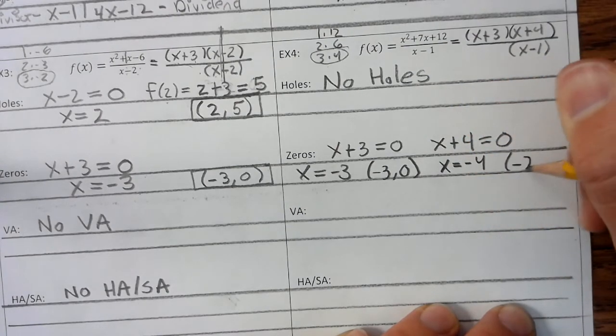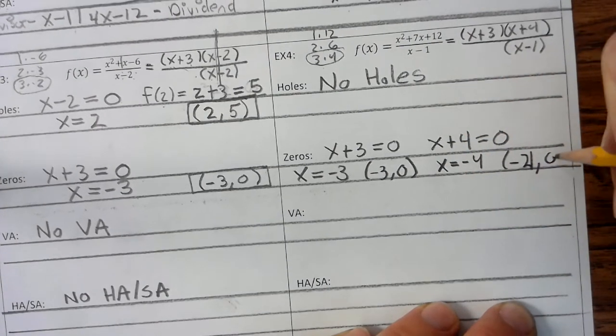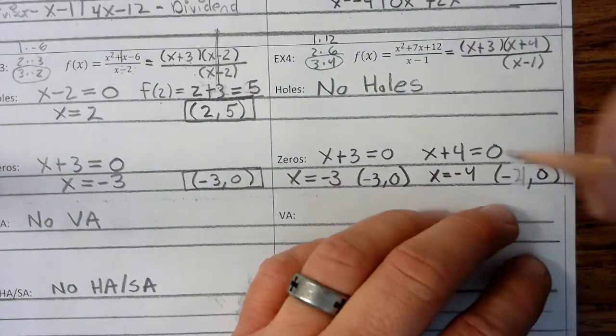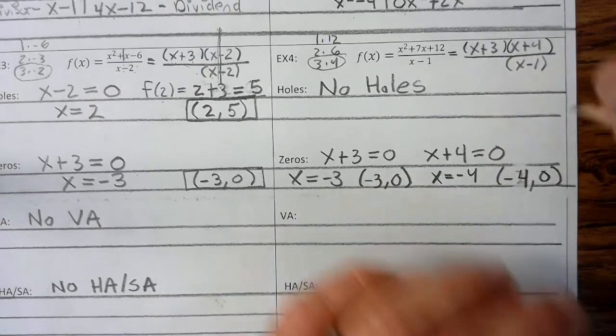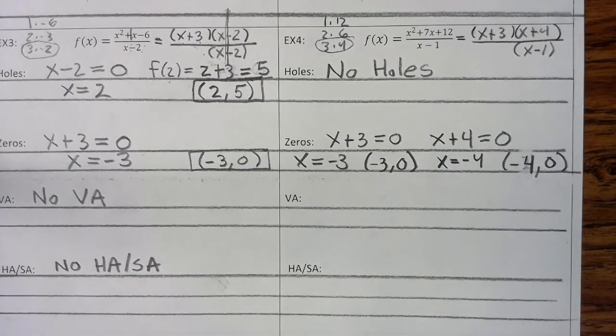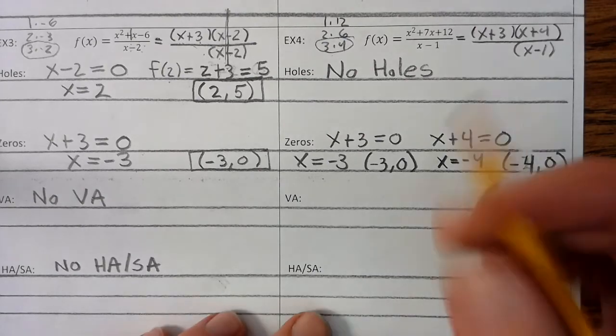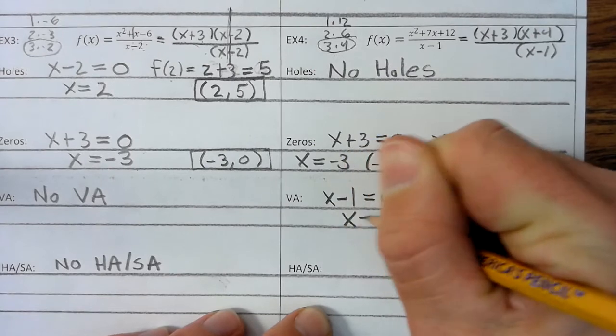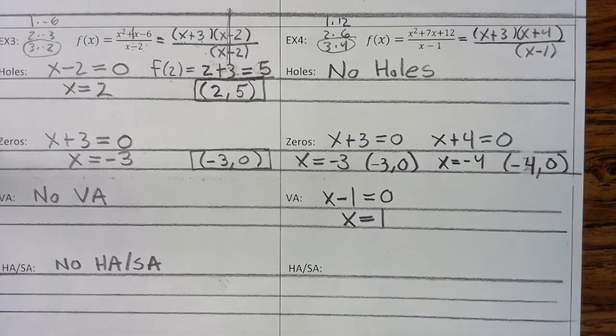So you have a point at negative 4, 0. All right, so for the vertical asymptote, you set the denominator equal to 0, so x minus 1 equal to 0. So you have a vertical asymptote at x equals 1.